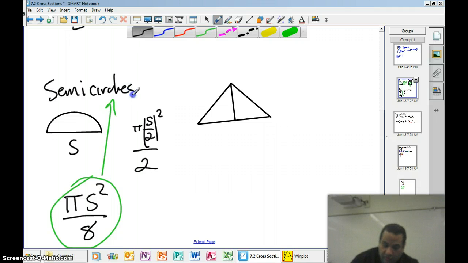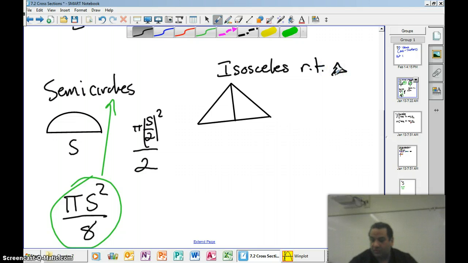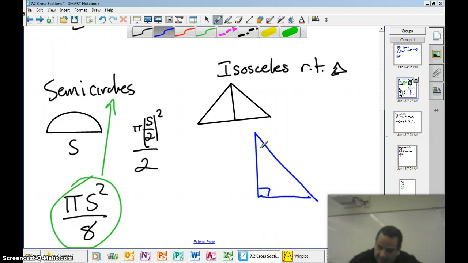All right, semicircles. The last one is an isosceles right triangle. So these are bringing you back from geometry. In the isosceles right triangle, this is 45, and this is 45.